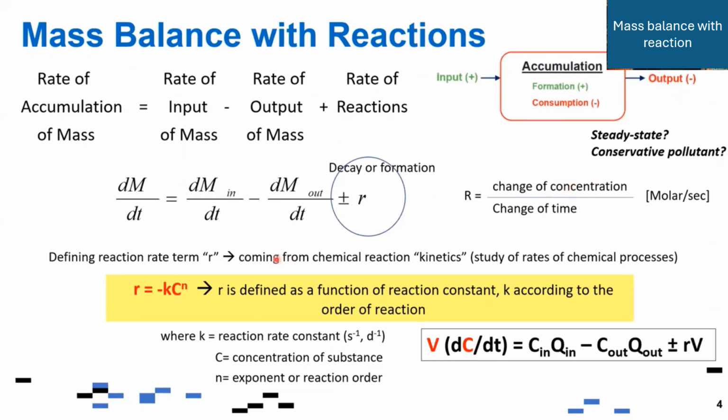So this can be equated as R equals negative K C raised to the power of N. I will explain how we get this equation for the reaction rate. K is the reaction rate constant, a proportionality constant that says how much the reaction is going on. It is based on the concentration as well, raised to the power of N, which is the order of reaction. I'll show how we got this in the next slide.